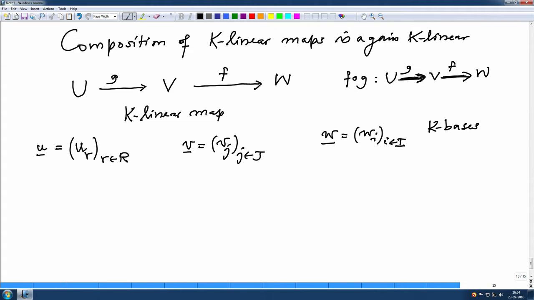And how do you study G? We study G by taking the values on these bases and writing them as a unique combination of the basis. That means for each r in R, G of Ur you write in terms of Vj.